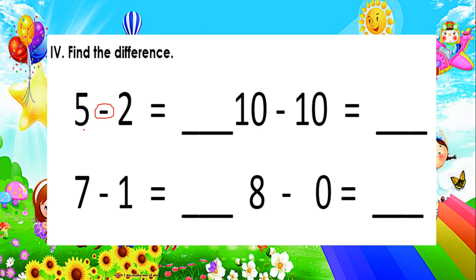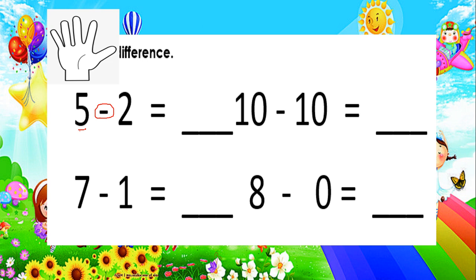Okay, so let's start. 5 minus 2, it means you need to raise your 5 fingers first, like this. Minus 2, it means you need to take away 2 fingers. 1, 2. Okay, so this time we need to count the number of fingers left. 1, 2, 3. So what is the answer? 5 minus 2 equals 3.